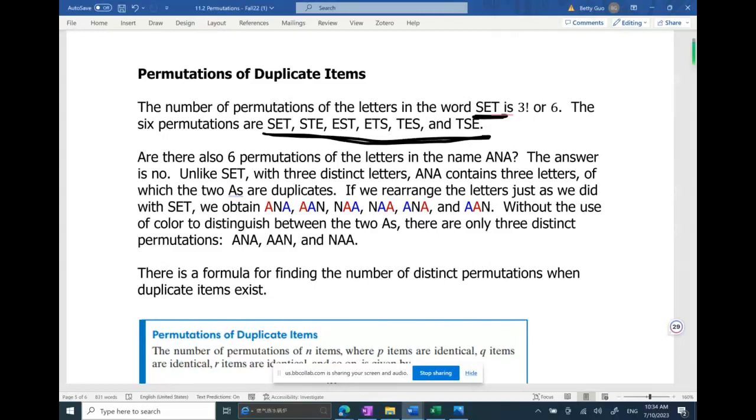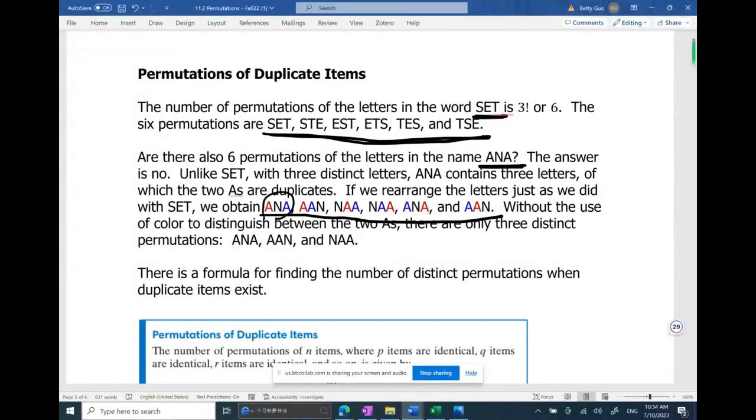All the 6 arrangements are different because all the 3 letters are different, SET. But what if the word is ANNA? 2 of the letters are identical, right? And if we do the same thing to have the 6 arrangements, then we will end up with those 6 arrangements.